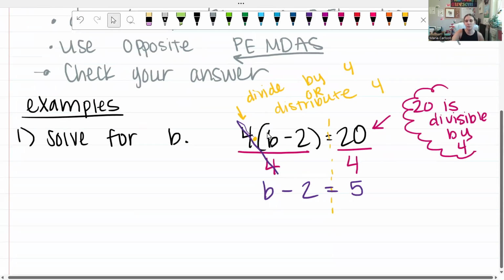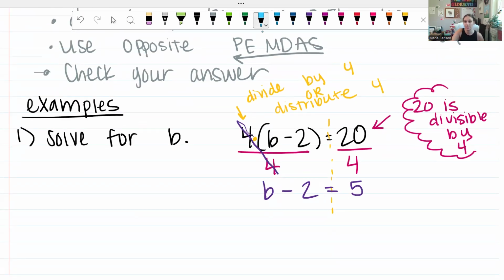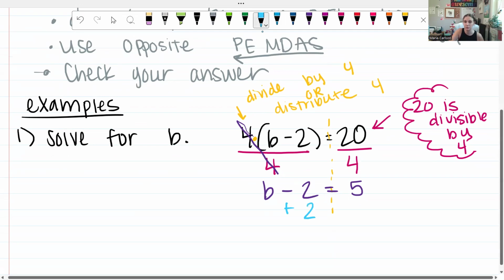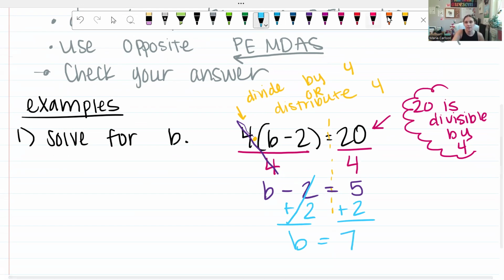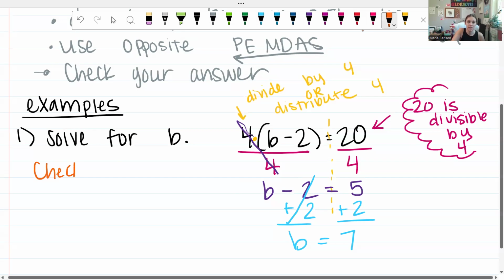And now, to get b all by itself, I need to get rid of this minus 2, so I'm going to add 2 to both sides. Negative 2 and positive 2 will cancel each other out to 0, so we'll be left with just b is equal to 5 plus 2 is 7. And then I really always will check our work because it doesn't take but a second.